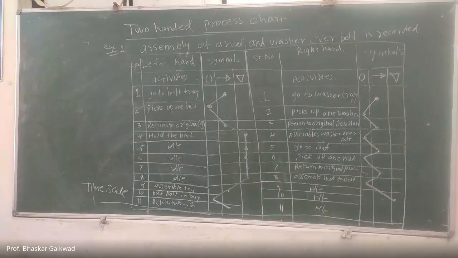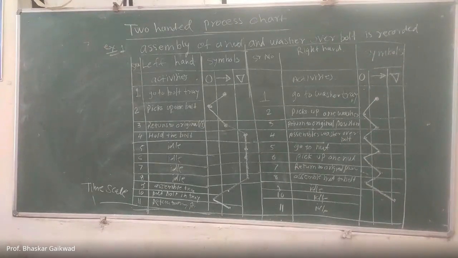By this graphical presentation, it shows that there is no equal work given to each hand. Now, is it possible to make equal works for both hands? That we have to search through these two-handed process charts. Actually, as per standard study, it is expected to give equal effort to both hands.